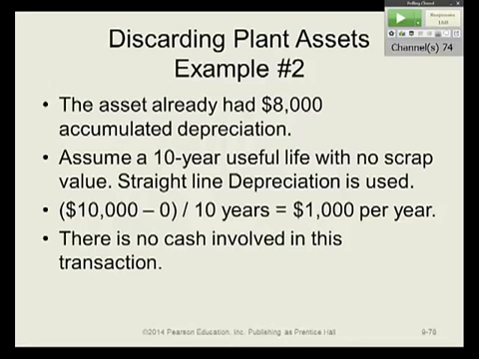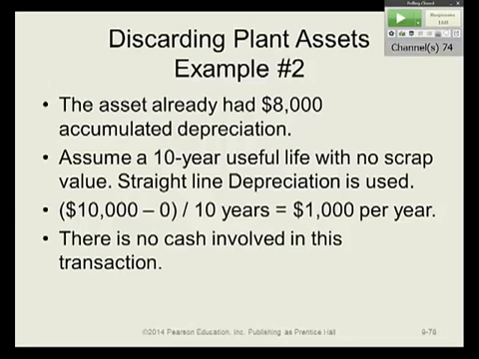And therefore, you would have to take an adjustment at July 1, which debits depreciation expense and credits the accumulated depreciation. So you have to bring the asset up to the date of the disposal. So if you're taking $1,000 for the year, but you're disposing the asset on July 1, you have to take half of that at that point.